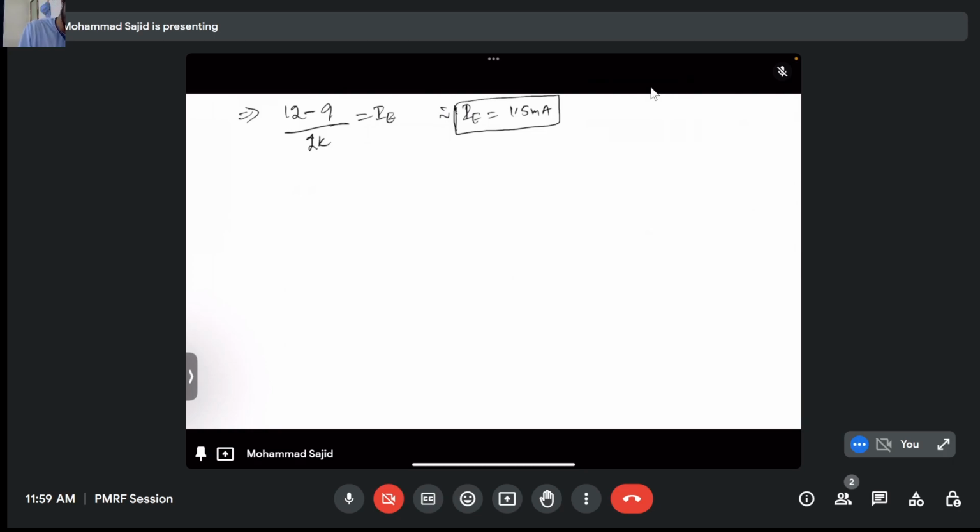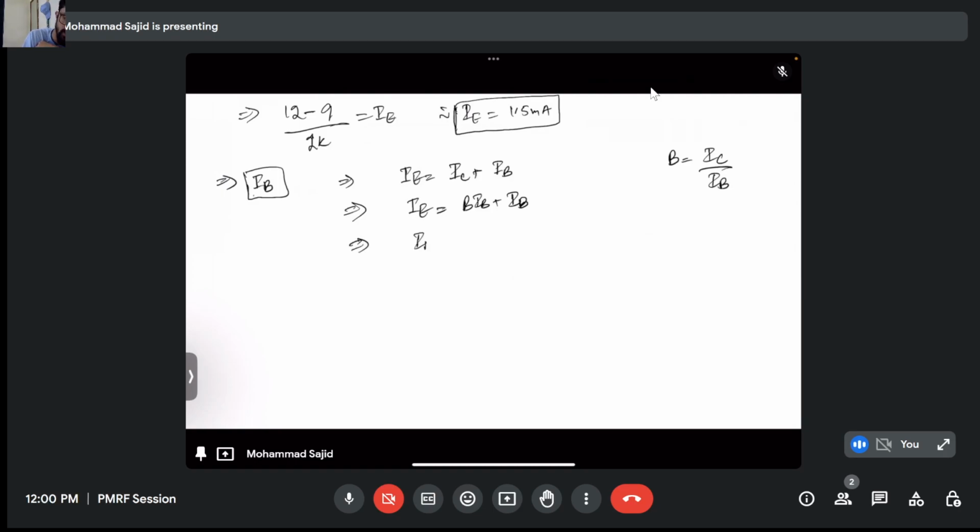Okay. Now we have to find IB, right? We know IE is equivalent to IC plus IB, right? So can I write IE equals beta plus 1 times IB? Is this correct? Yes, because beta is IC by IB. So my IB will be equal to IE divided by beta plus 1.